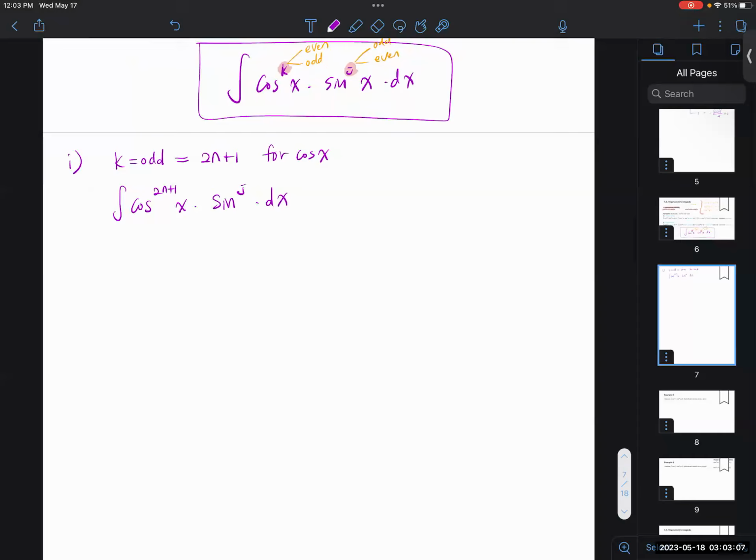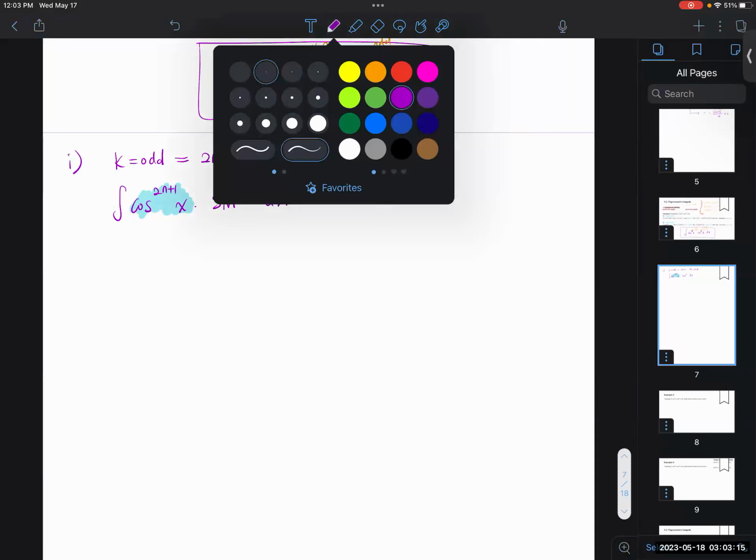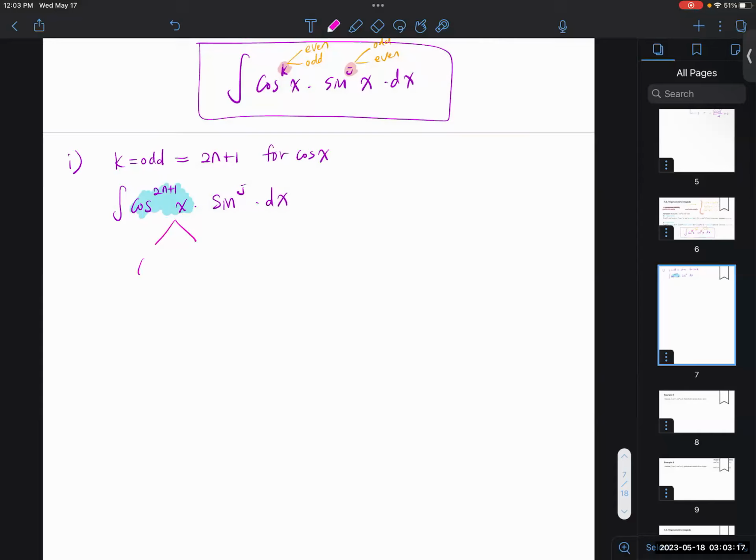And then I can think about this part, so I'm going to highlight this. Cosine 2n plus 1 x, we can separate it: cosine 2n x times cosine x, because if you remember, a to the b times a to the y, when you have the same base, you can add the exponents according to the exponential property.